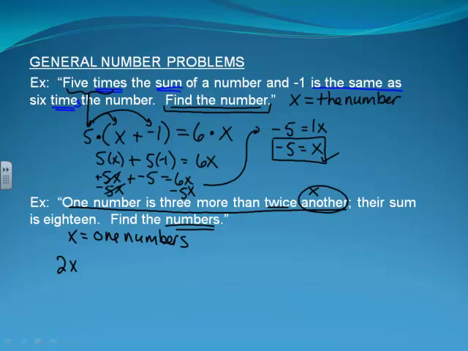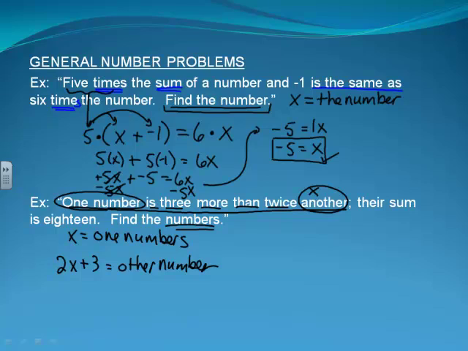And then the number that we're trying to find, this is our other number, it is 3 more than. More than is a keyword for addition. And then 3, of course, is 3. So 3 more than twice another would be 2x plus 3. Twice another is 2x, and then 3 more than that would be plus 3.